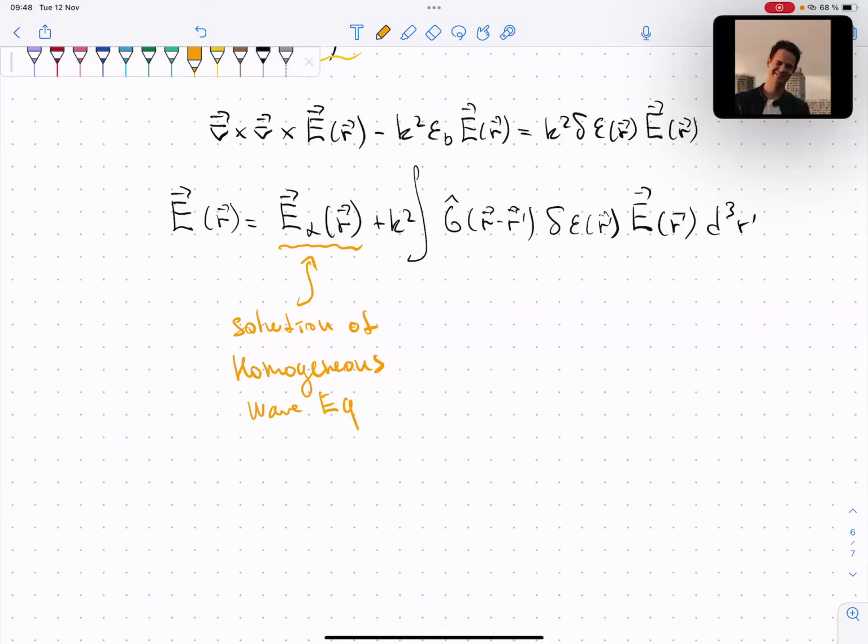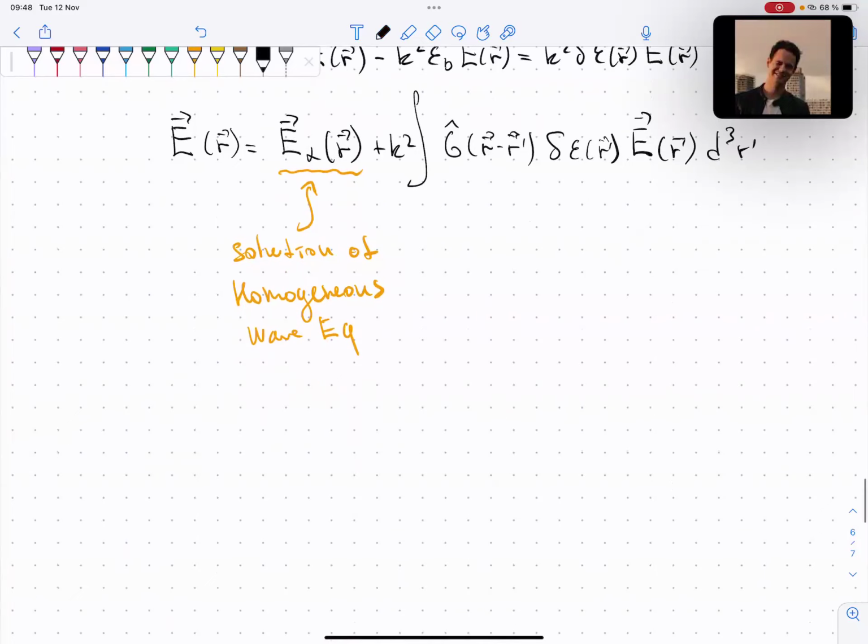Because the solution of the non-homogeneous wave equation is basically any solution of the homogeneous equation plus a solution of the non-homogeneous equation. So this guy will be our E prime in this case.